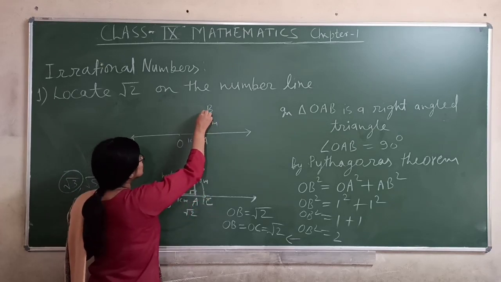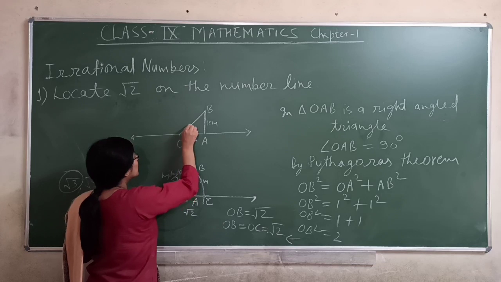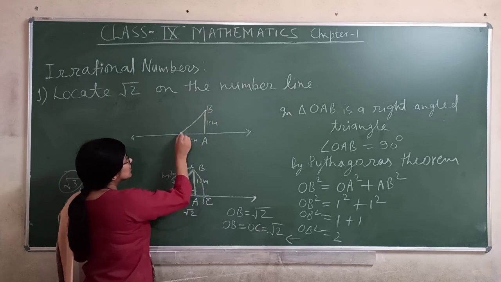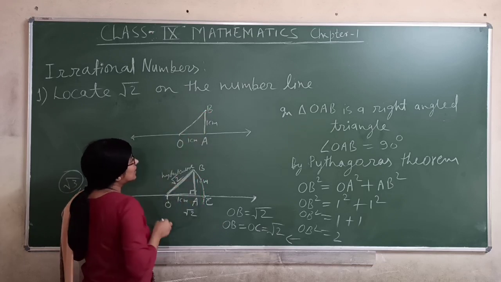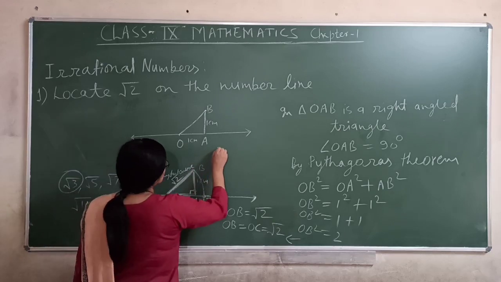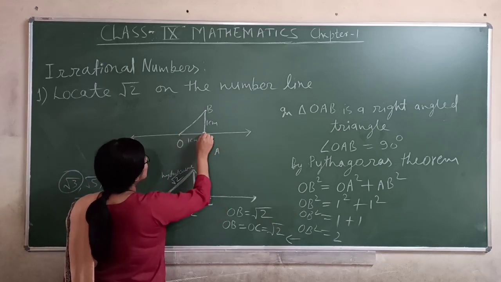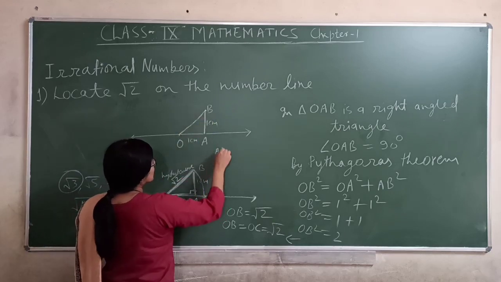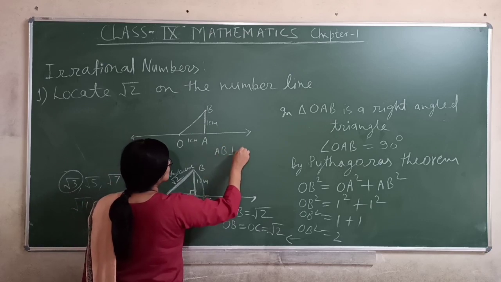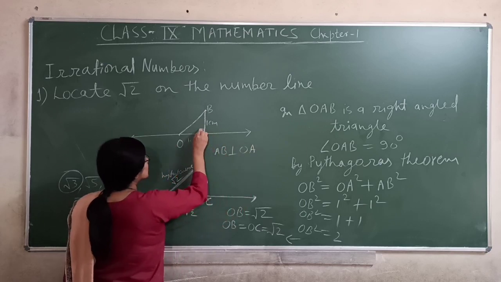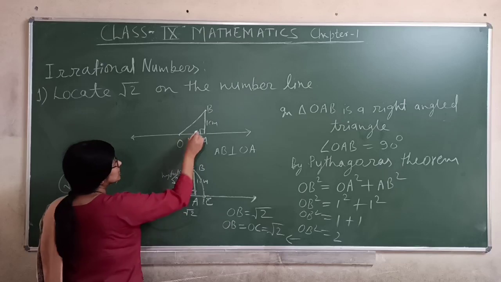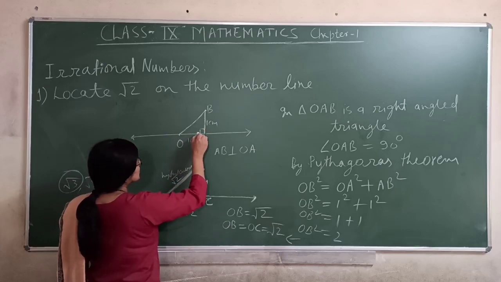Now what you will do? You will join OB. This is OA and OB, and OA and AB. AB is perpendicular to OA. So here is a 90 degree angle. This is the symbol for 90 degree.